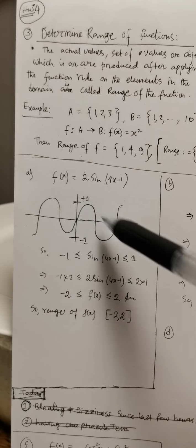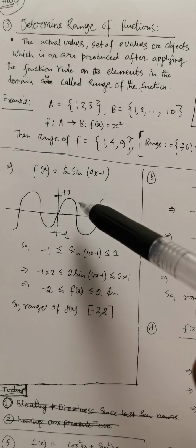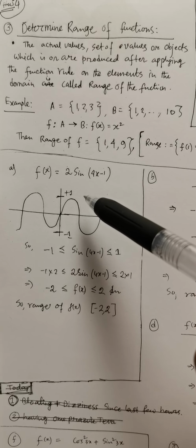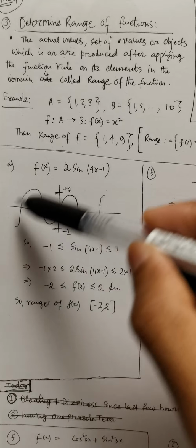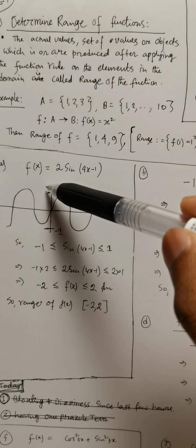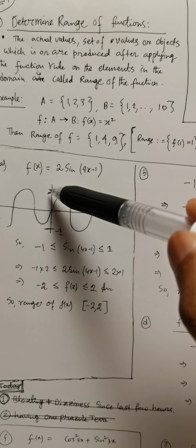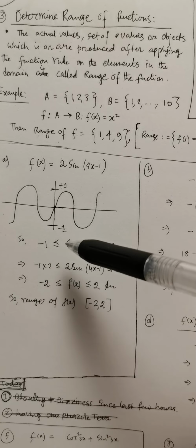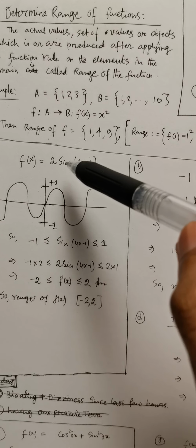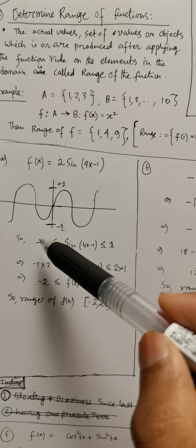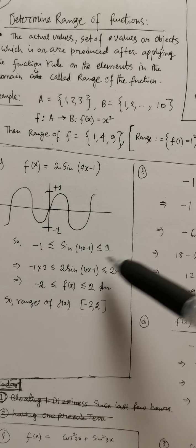Here is the graph of the sine function. The curve doesn't go above +1 and doesn't go below -1. So we all know that the range of the sine function is -1 to +1.